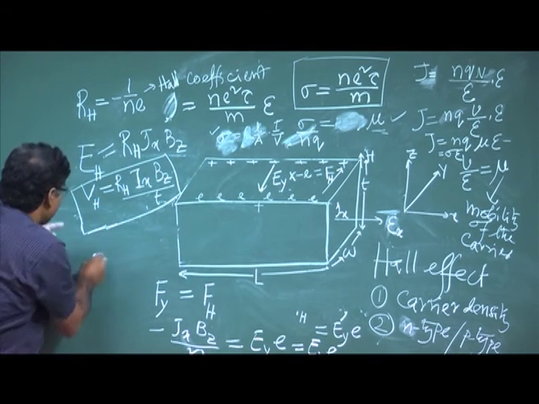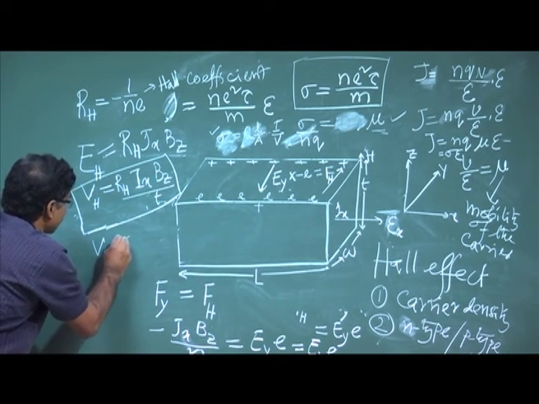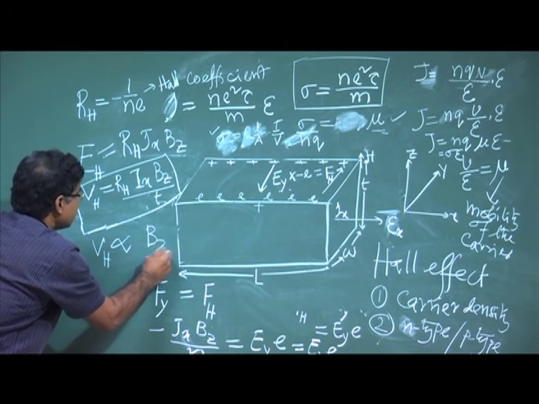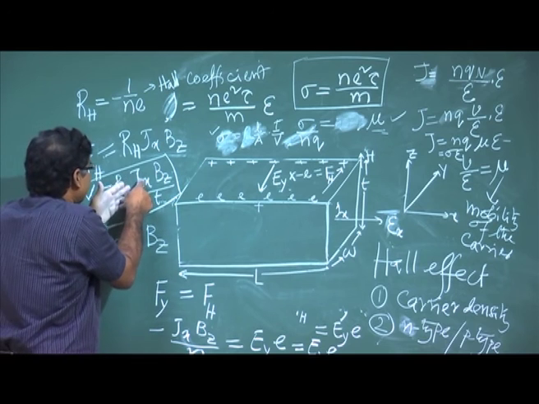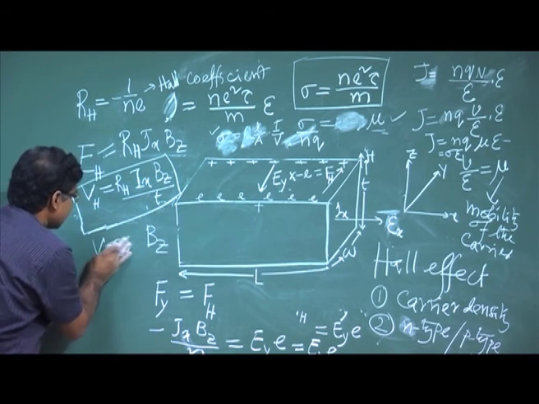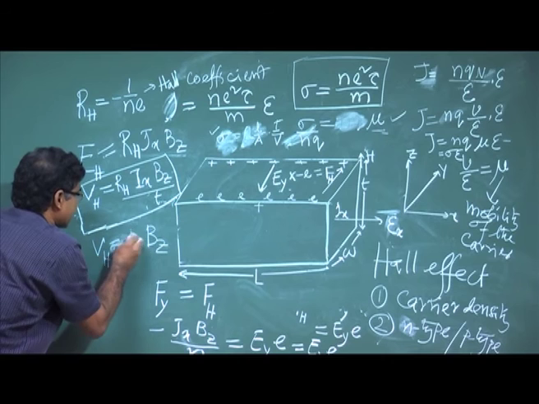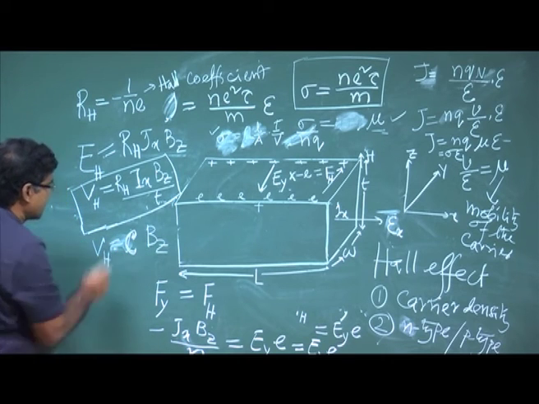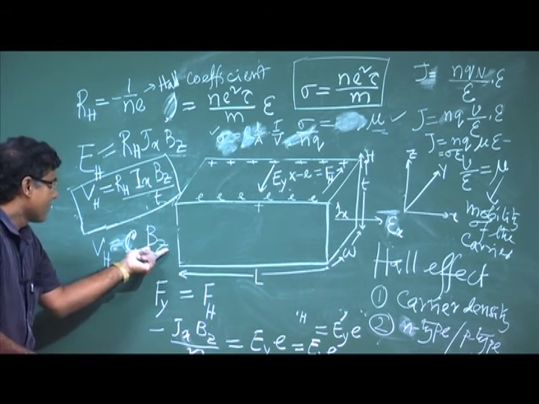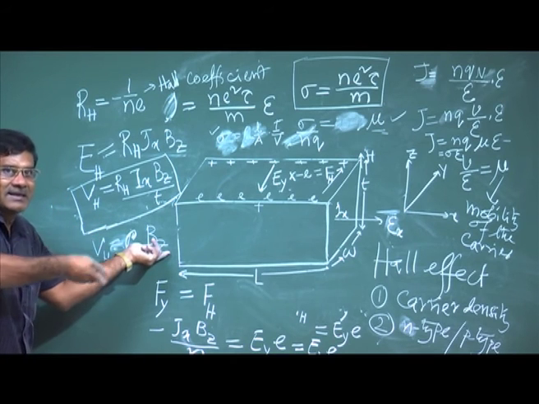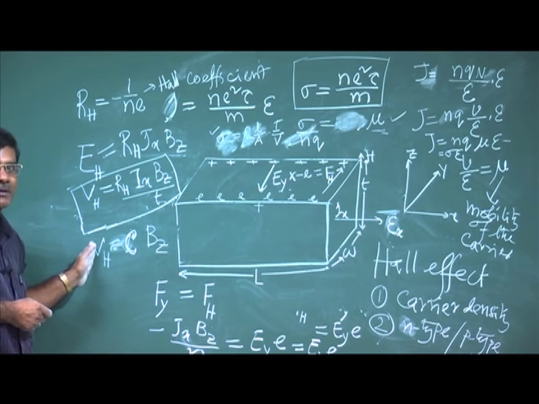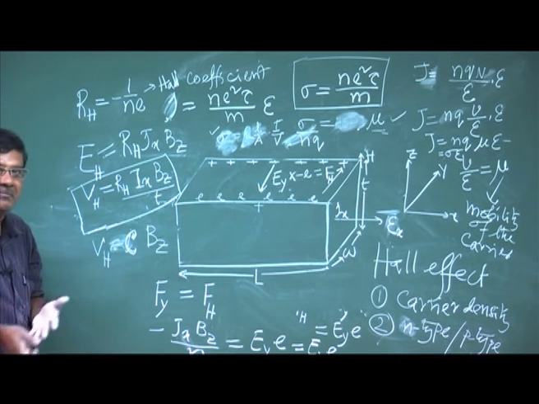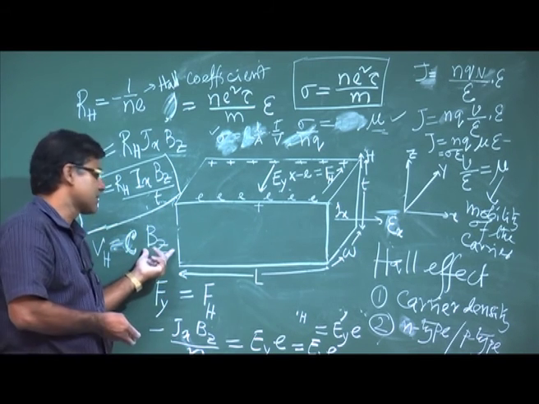Now, this Hall voltage is proportional to Bz, the magnetic field, and if I keep these constant, this will be some proportionality constant, say C. So, now when B is increased, voltage is increasing. So, I can measure the voltage and after some calibration I can tell what is the magnetic field.